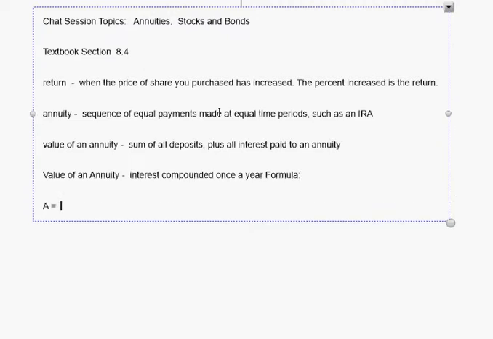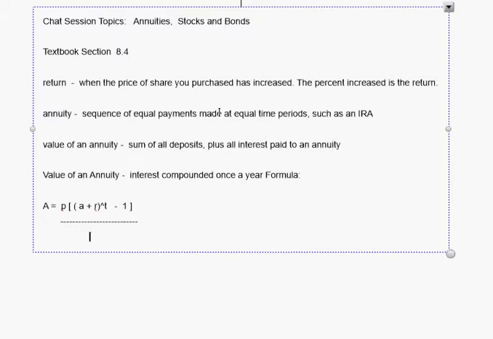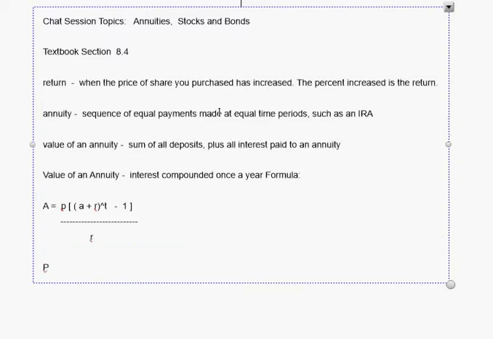A equals P [(1 plus R) raised to the T power, subtract 1] over R. P is the deposit at end of each year.